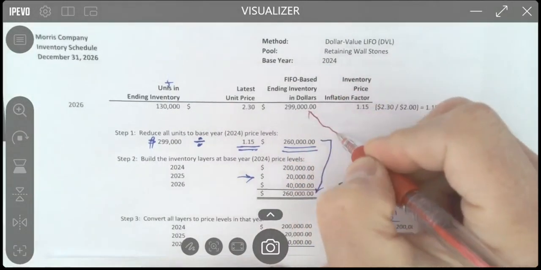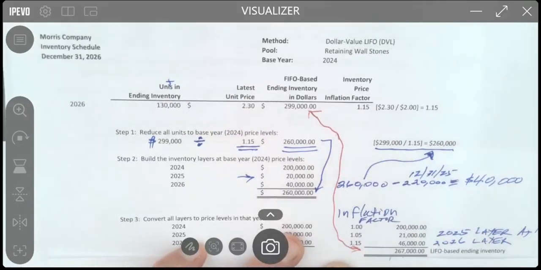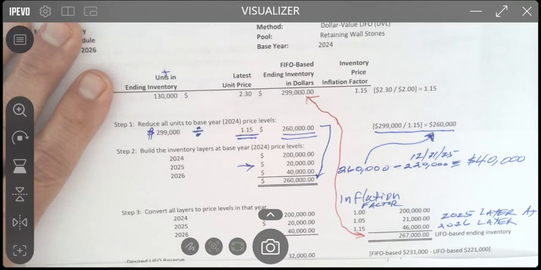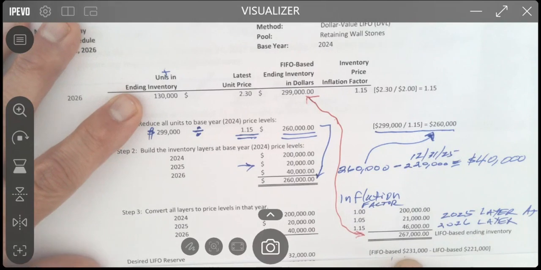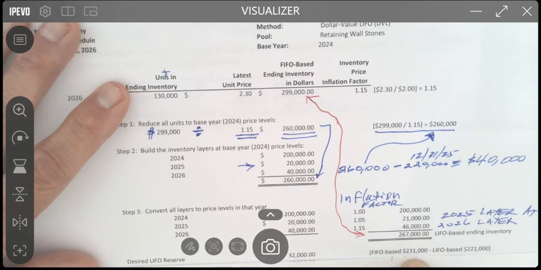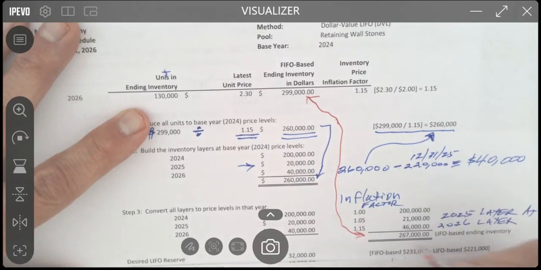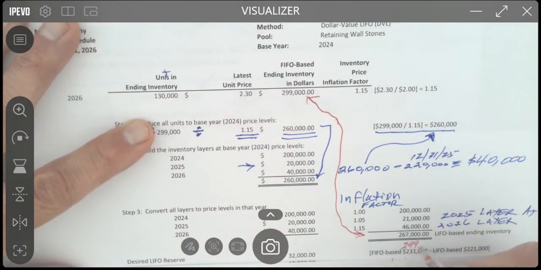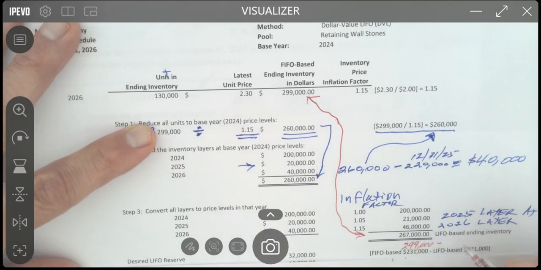There's FIFO-based. There's LIFO-based. So the desired LIFO inventory is the $299,000. I'm sorry, I have a little error here. Copied rather than reviewing my work. Very bad.